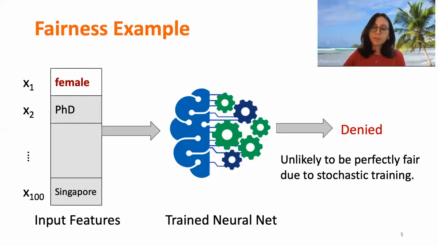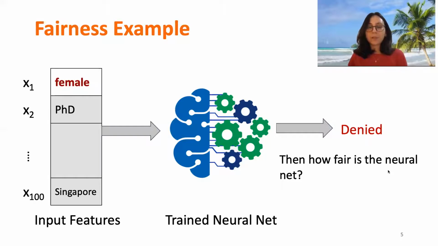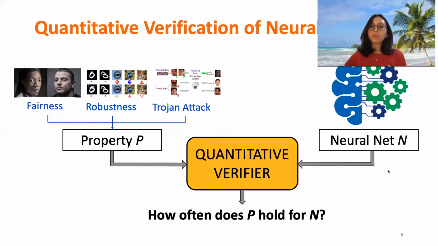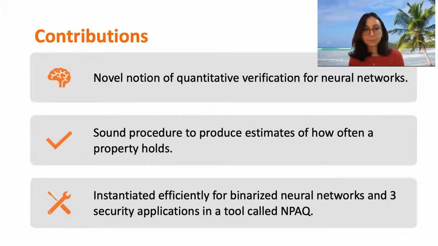Or said in a different way, if we have two neural networks that have similar accuracies, can we pick the one that is more fair? So to answer these questions, we introduce quantitative verification, where given a property P and a neural network N, we answer how often P holds for N. So instead of a binary yes or no answer, we produce a count of how often.